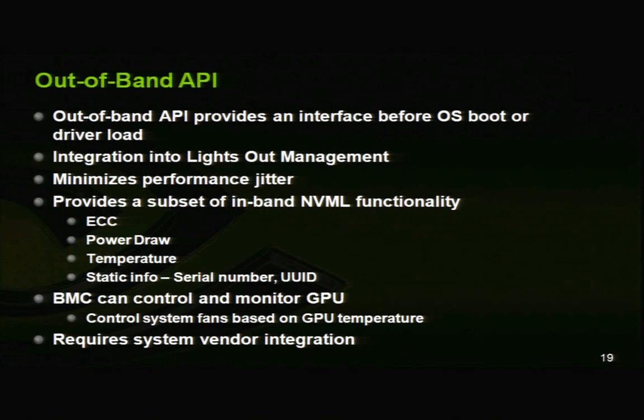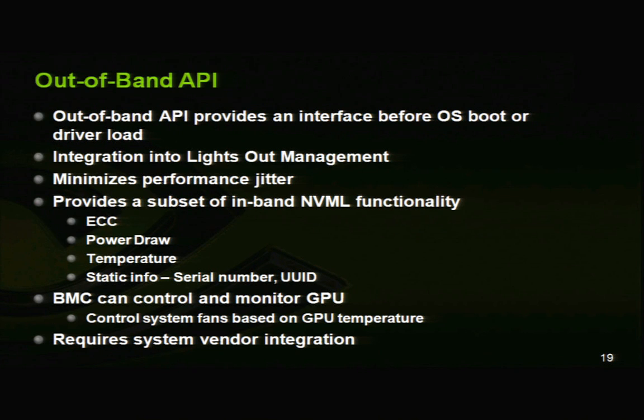Out-of-band management is, of course, also a requirement for the management of GPU clusters. We are providing an out-of-band API, which is quite similar to the NVML API. It can be integrated into the lights-out management. It minimizes performance jitter.